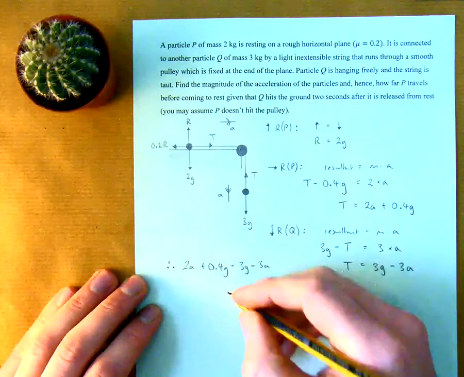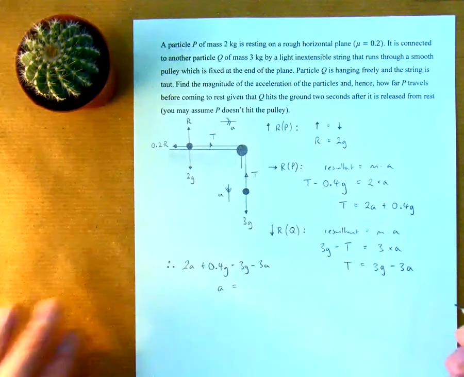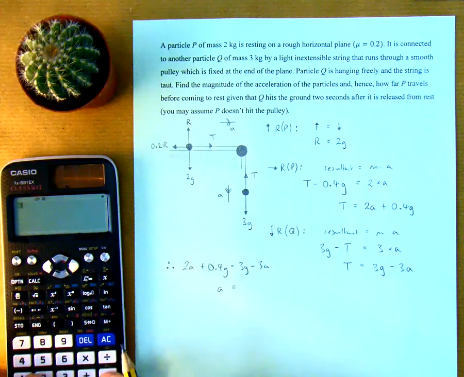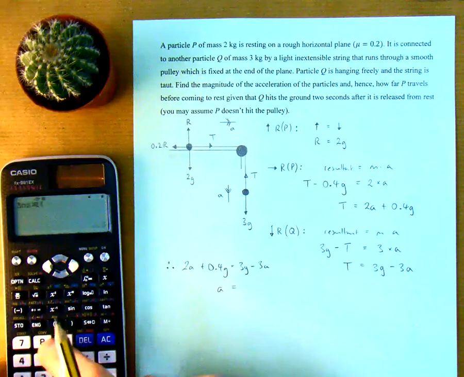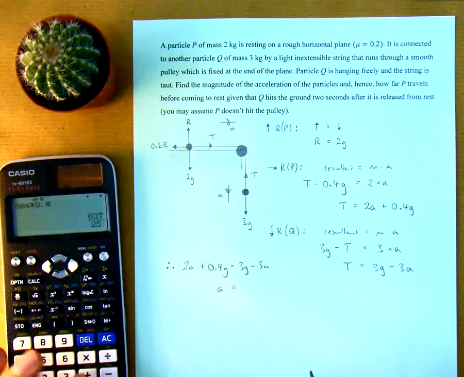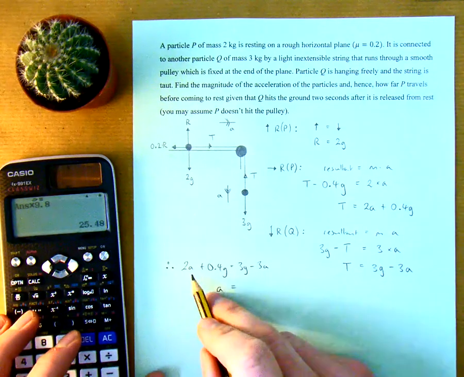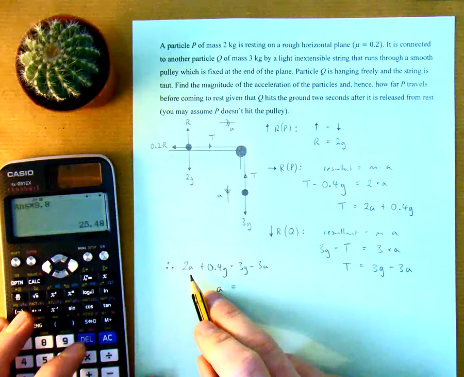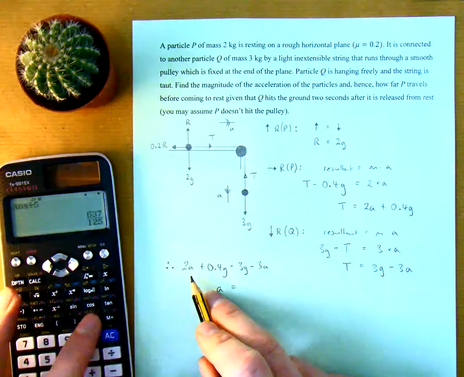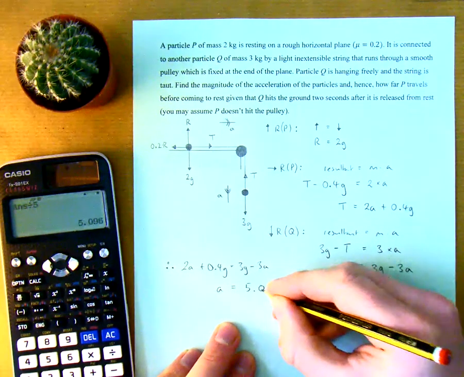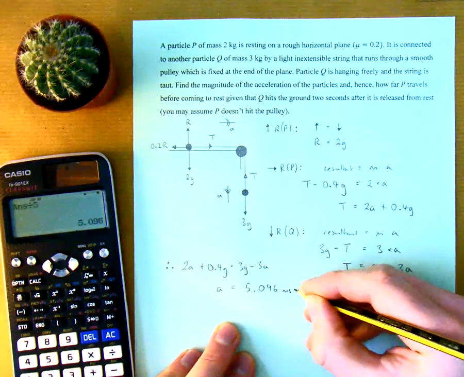So I'm going to have 5a on this side, and 3g take away 0.4g. 3 take away 0.4 is 2.6. 2.6 times 9.8 is 25.48. So that's going to equal 5a. If I divide by 5, I'll find that the acceleration is 5.096, and that's an exact answer.